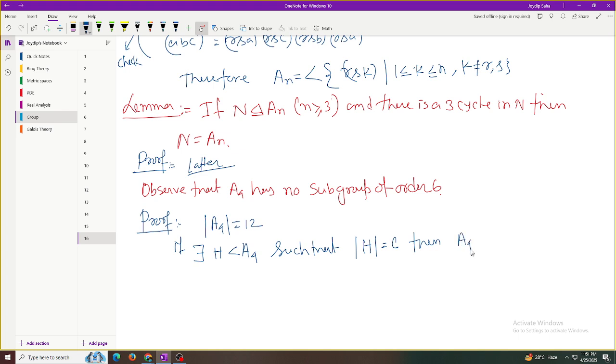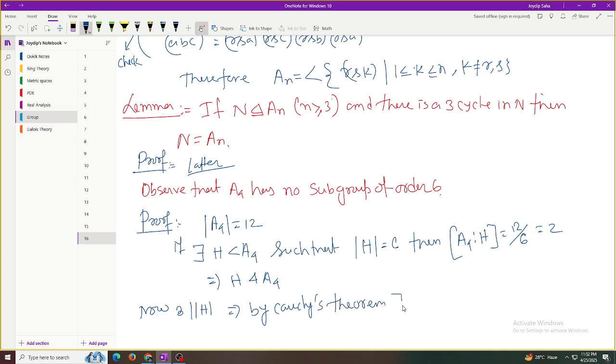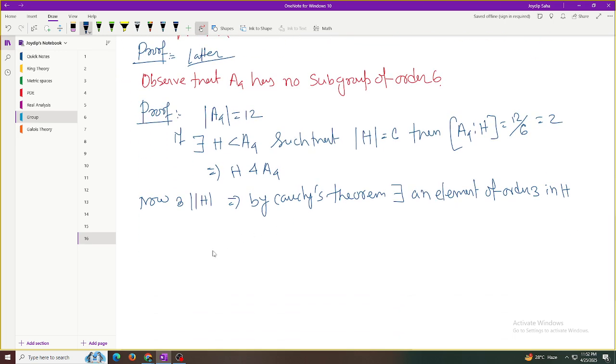So this implies H is normal in A4. Now the order 3 divides the order of H. This implies, by Cauchy's theorem, there exists an element of order 3 in H. Now an element of order 3 is a 3-cycle in A4.